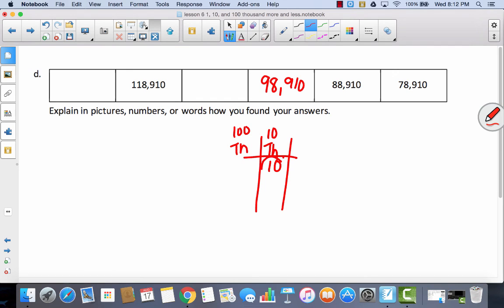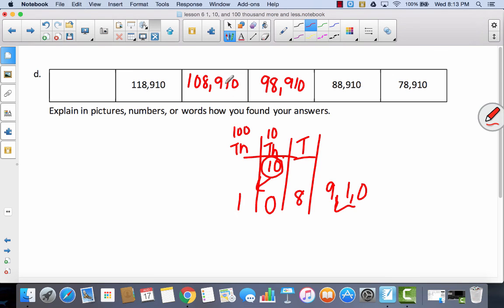So if I bundle these 10 and move it to the 100,000s, now I'm going to have 100,000, no 10,000s. How many thousands am I going to have? I'm still going to have 8, and then I'm going to have 900s, 110, and no ones. There shouldn't be commas here. All right, so my number is 108,910.